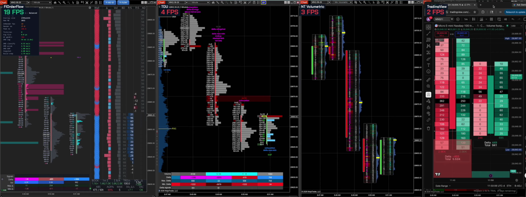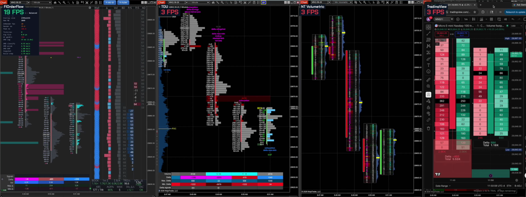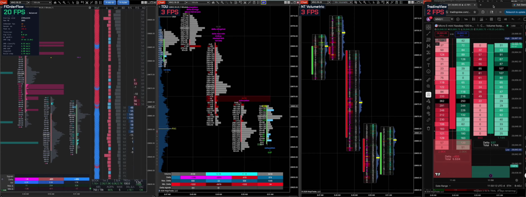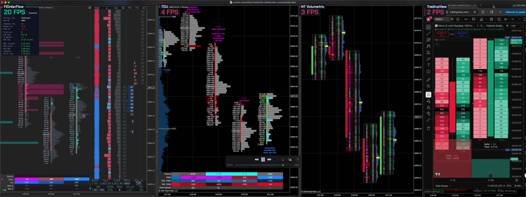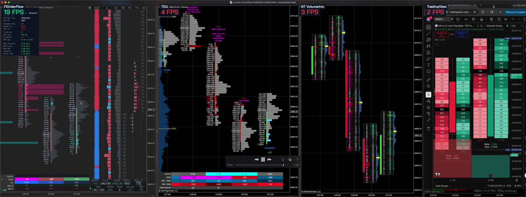But even look at this move up, right? It's like intentionally delayed. Because if you're making decisions, let's say you decided to take it long here as soon as it crosses these imbalances, right?